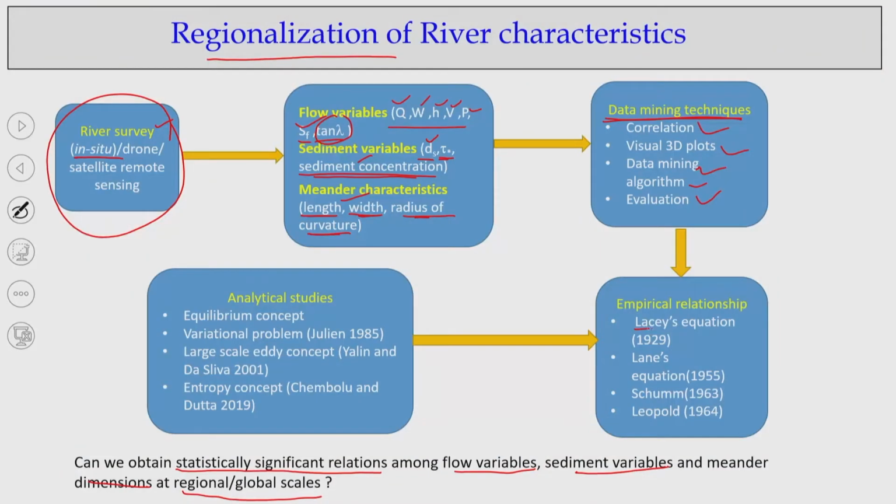What is the known empirical relationship with us? Lacey's equations, we will talk about that. Lane's equations 1955, Schumm's 1963, 1929, all these relationships I will talk about. Leopold relationship 1964.